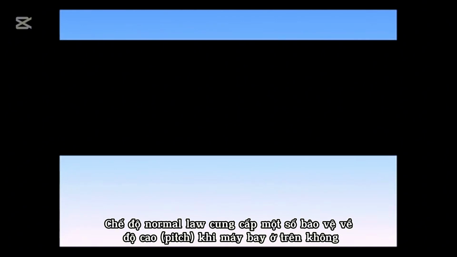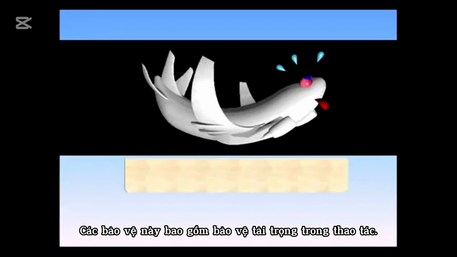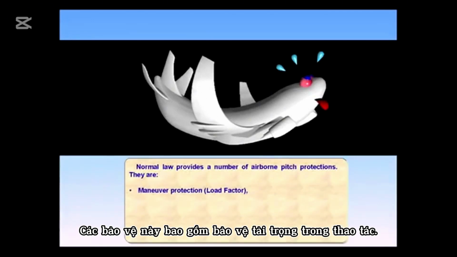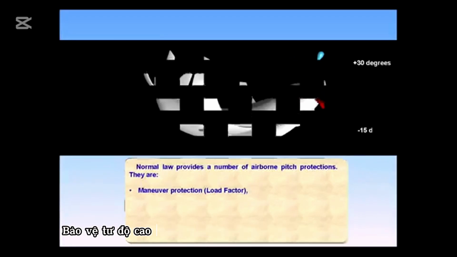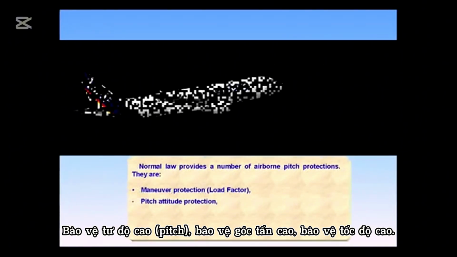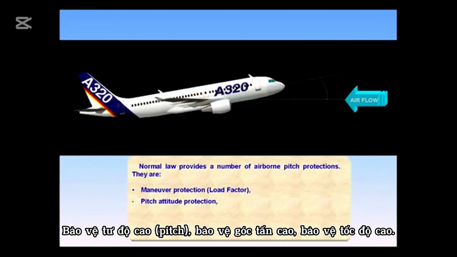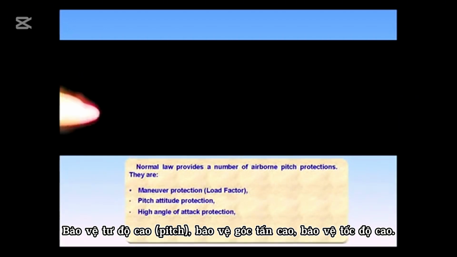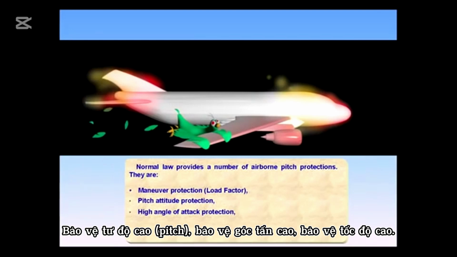Normal law provides a number of airborne pitch protections. They are maneuver protection, load factor, pitch attitude protection, high angle of attack protection, high speed protection.